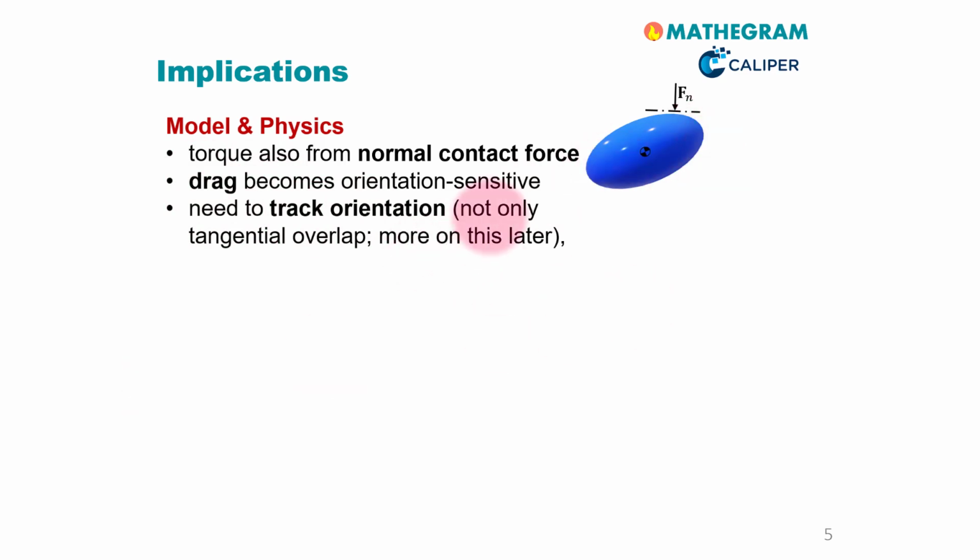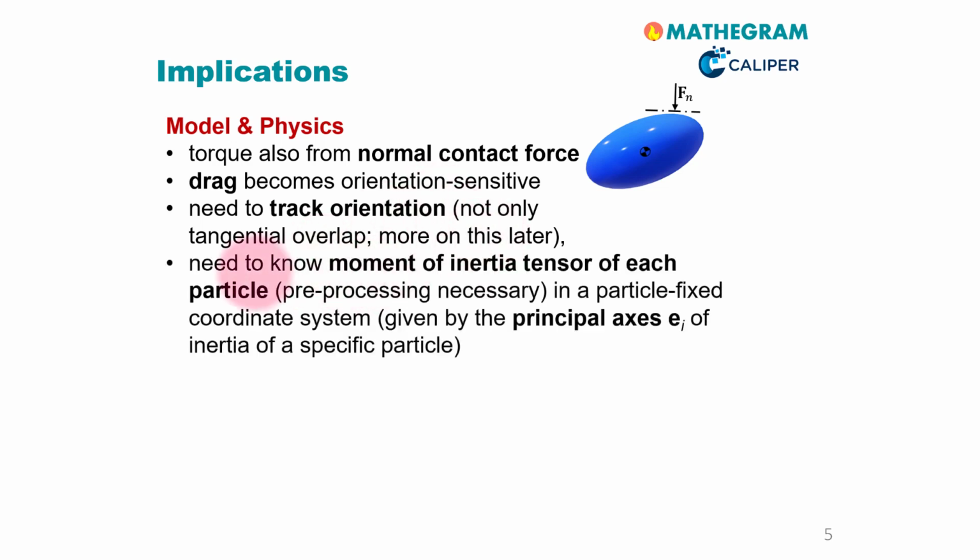Of course, we have to note here that in the classical spherical DEM approach, we only track tangential overlaps. Orientation of the spherical particles is not tracked. More on this later. Also, we need to know the moment of inertia tensor of each particle, so there is a certain amount of pre-processing necessary, and this inertia tensor must be calculated in a particle fixed coordinate system, as it would be natural for any one of us.